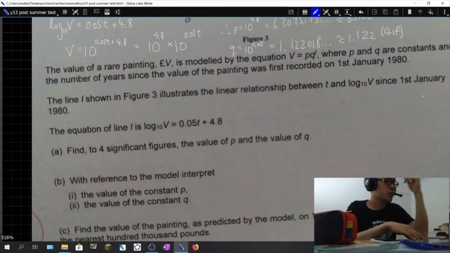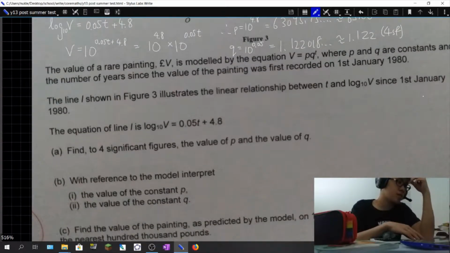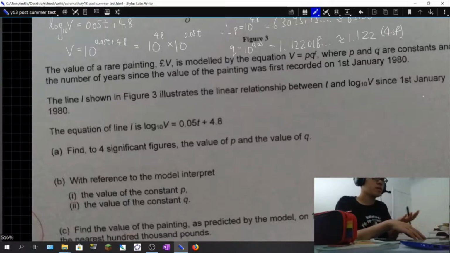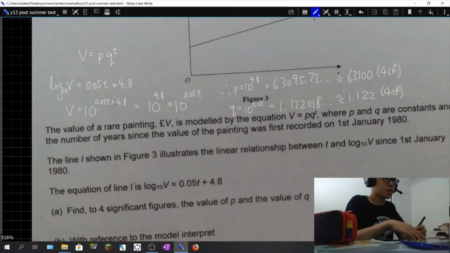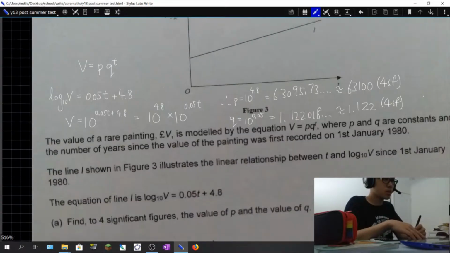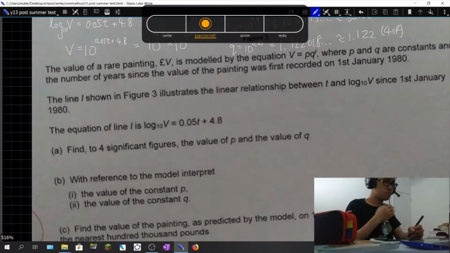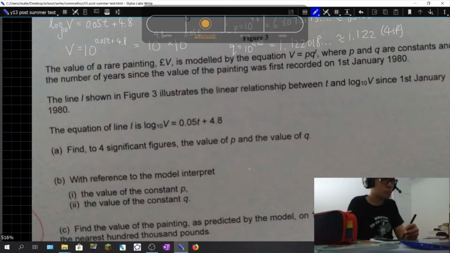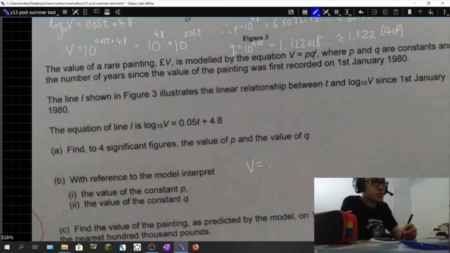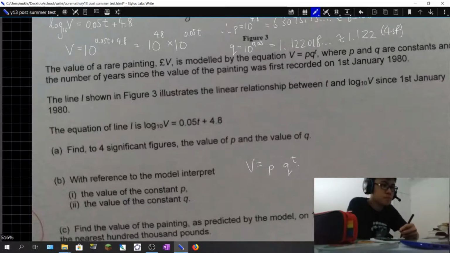And then we want to interpret the value of constant p. So what does p stand for? What does it mean? It's saying v is equal to p times q to the t. So the value starts at somewhere, and now it's kind of growing exponentially.